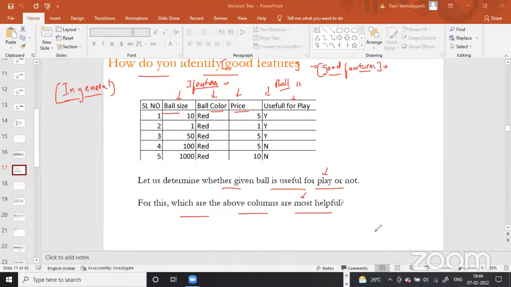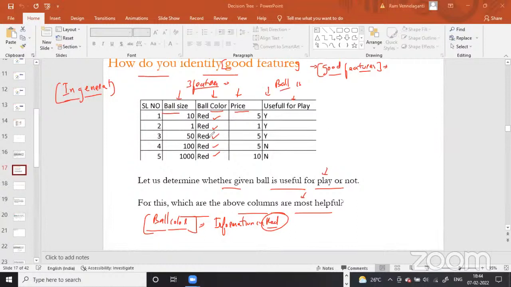First, let us try to look at our column ball color. What is the information that you have in this column? The information that we have in the ball color column is red. Apart from that, we don't have any other information.